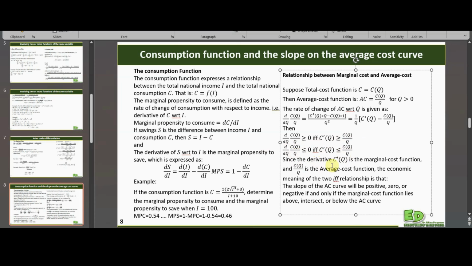Since the derivative of the total cost function is the marginal cost function, this is simply telling us that if you differentiate the total cost function, that will give you your marginal cost function.